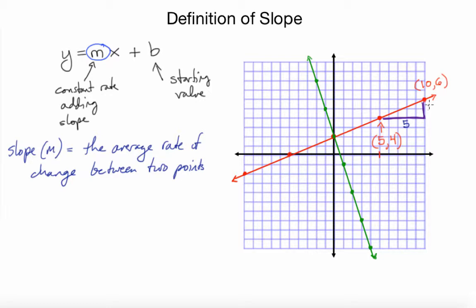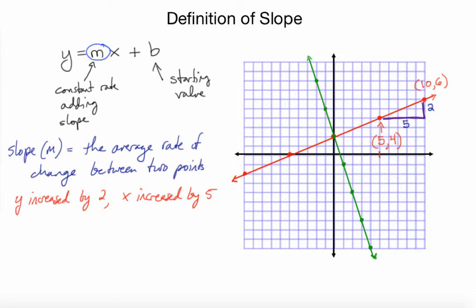So we increased by 2. So for the red graph, our y values increased by 2, and our x values increased by 5.